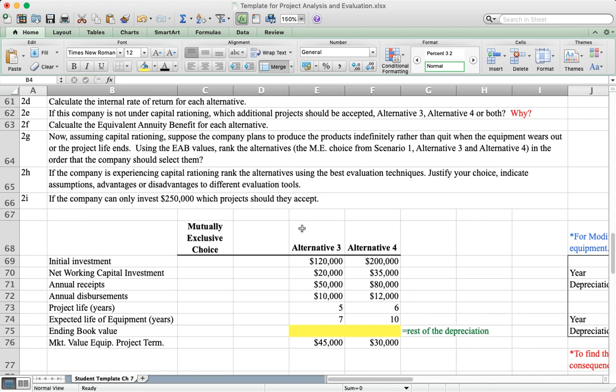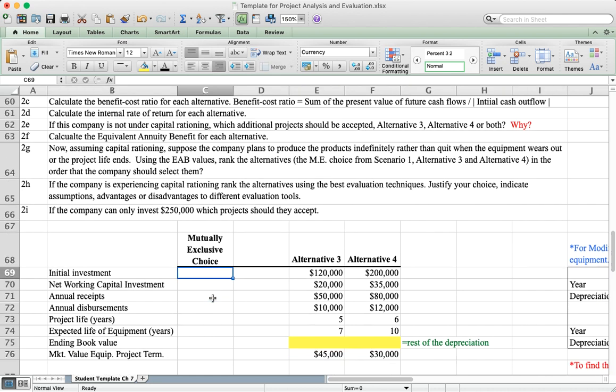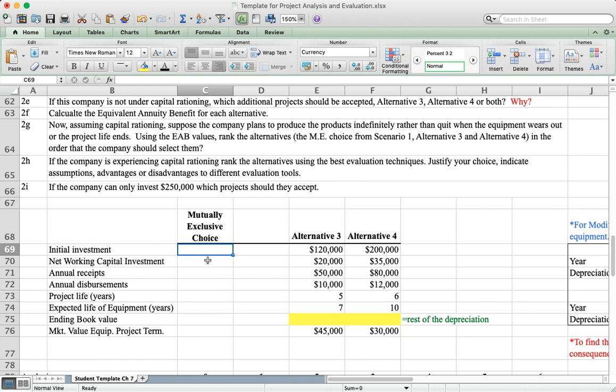When we get down here to scenario 2, you're going to link to whichever mutually exclusive choice. You don't have to actually input the value here. I just want you to be aware that you need to choose from 1 or 2, and then you'll be comparing and ranking it against alternative 3 and 4.